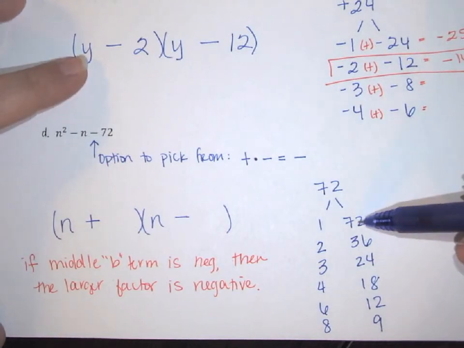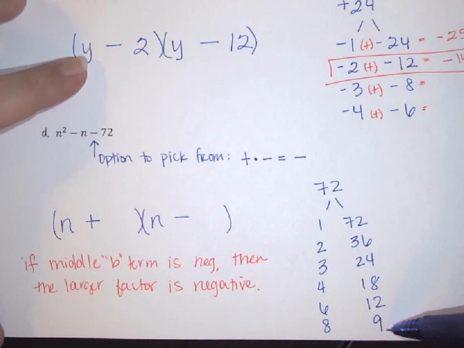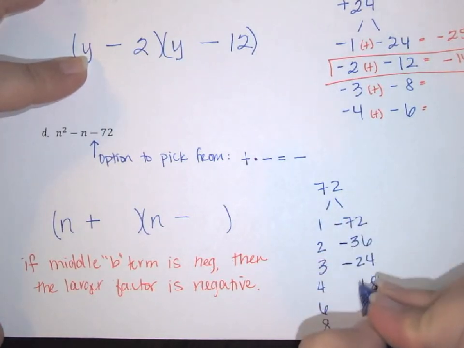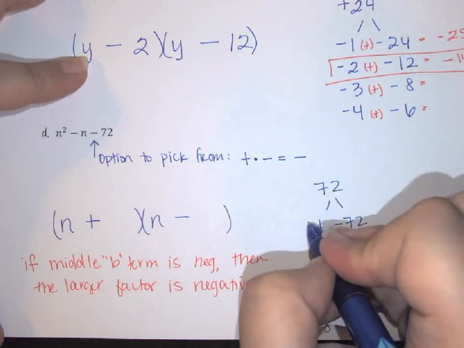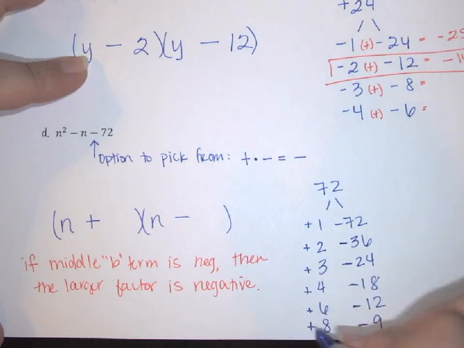Therefore, if you notice on this right hand side, these are all of the bigger terms, so these all have to be negative, which means the left hand side are all of my positives.